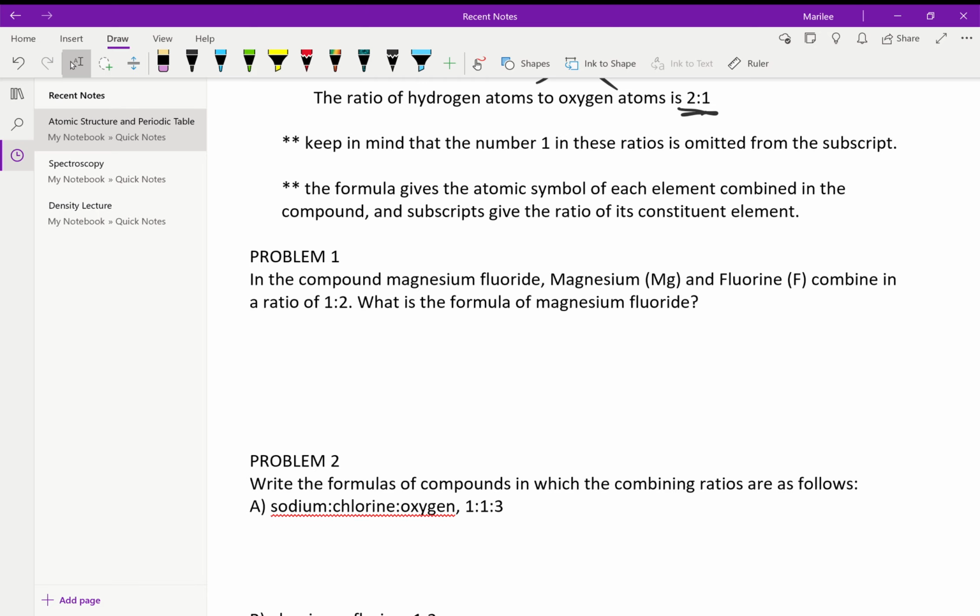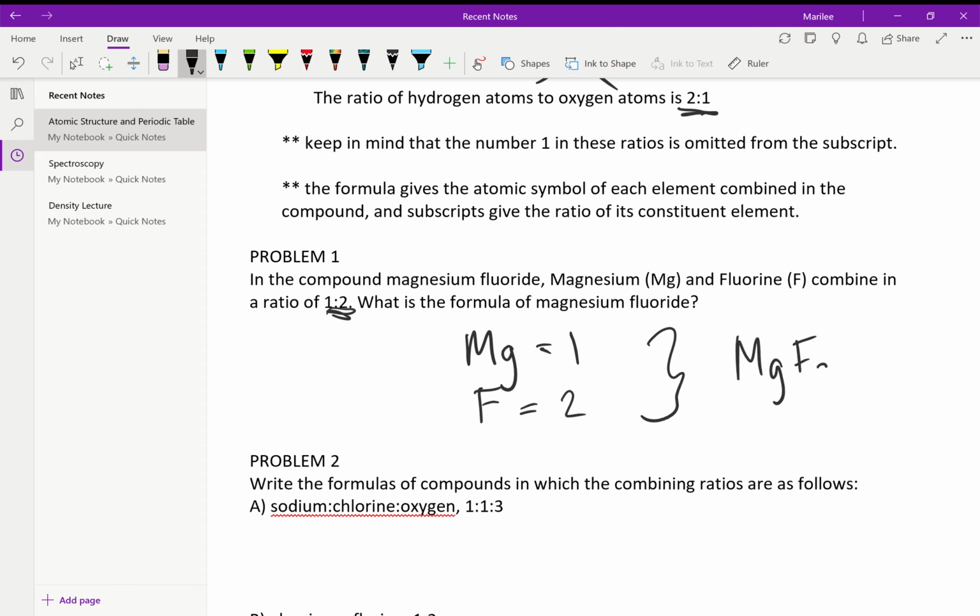What is the formula of magnesium fluoride? Okay, so we know that the ratio is 1 to 2. First we have the magnesium, which is 1, and we have the fluorine, which is 2. So how do we write this? We write this as MgF subscript 2.